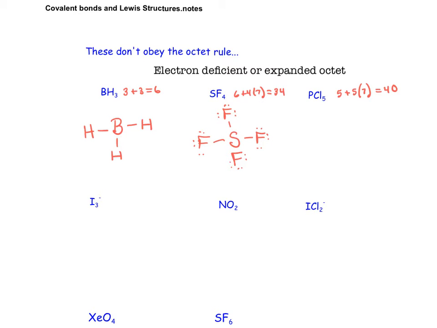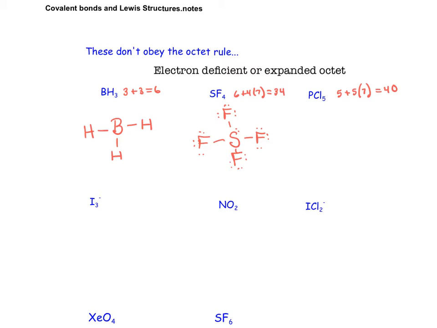This is now a total of 32 electrons, but I have to use exactly 34. So in order to make that happen, I'm going to add another pair of electrons on the sulfur. Notice it's the central atom that gets the extra electrons, and we're not going to start drawing some extra bonds. That bond seems to disappear. So that is SF4.